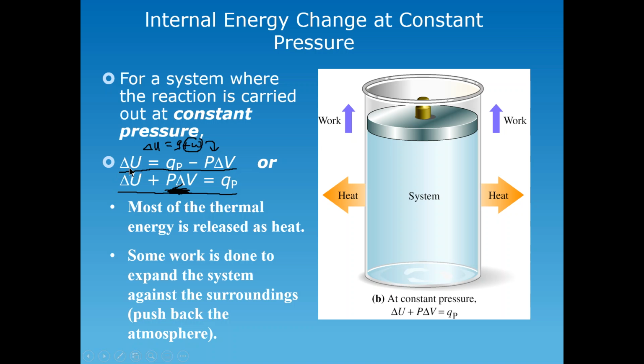So the new equation will be delta U is equal to QP minus P delta V, or we can rearrange it to get an expression for QP being equal to delta U plus P times delta V, right?